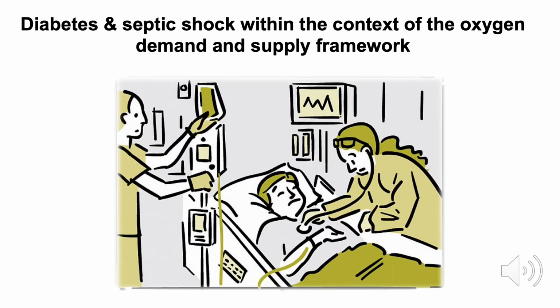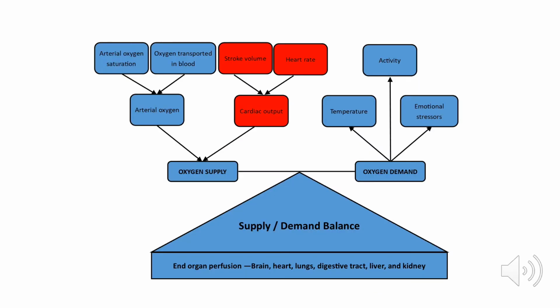In this next section, we will examine the impact of diabetes and sepsis within the context of the oxygen demand and supply framework. Before looking at the impact of diabetes on sepsis, it will be helpful to examine the variables involved with end organ perfusion.